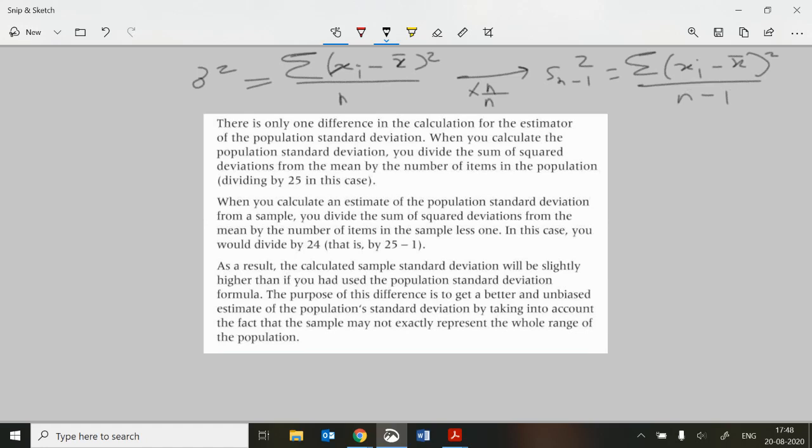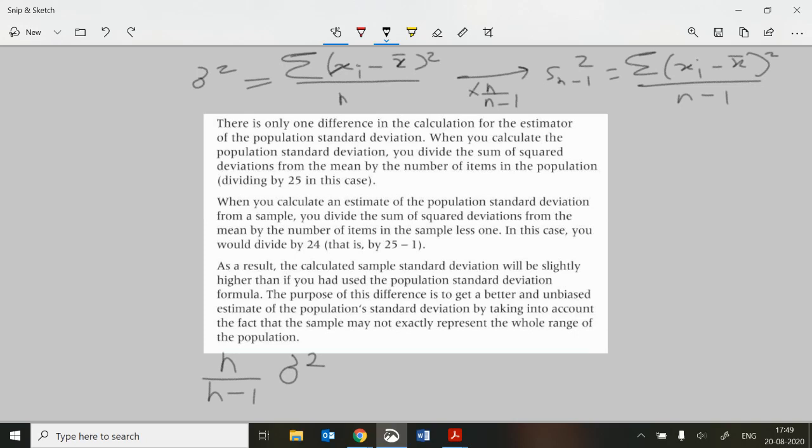So the connection between these two things is we need to do n over n minus 1 of our regular standard deviation. That would be our regular standard deviation for the sample, and to make an unbiased estimator of the population standard deviation, we're going to need to times by this thing here.